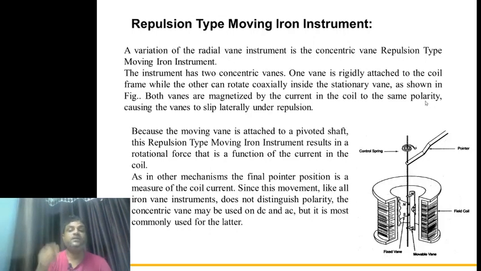It means pointer oscillation is possible, so we need to control this damping too. So that should be very clear to your mind, because here we just try to explain the construction of the instrument, and our primary focus is to explain how to create displacement force, but it does not mean the control force and damping force are not present. In all deflection type instruments, three forces are present: the displacement force, the controlling force, and the damping force.